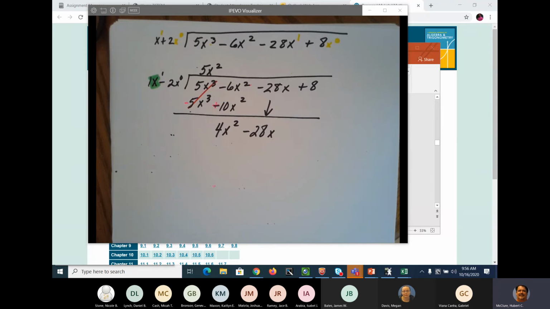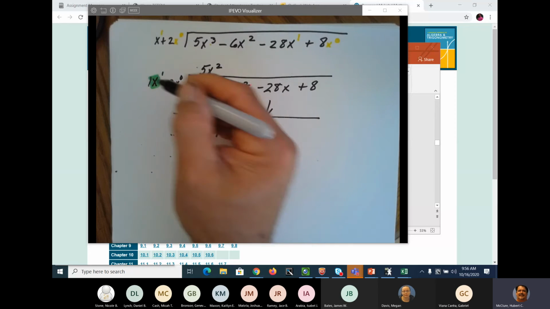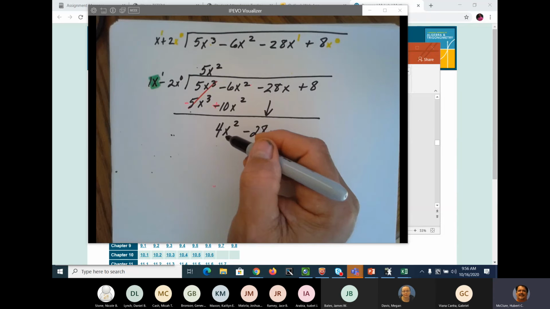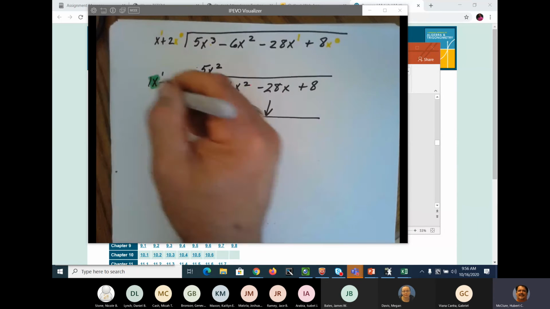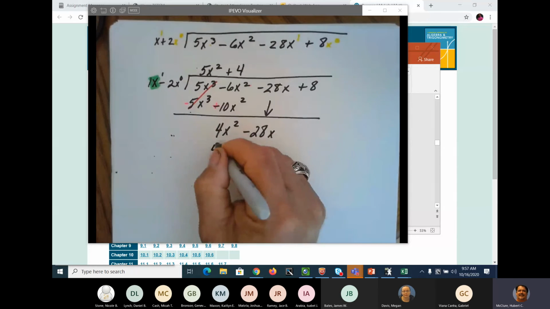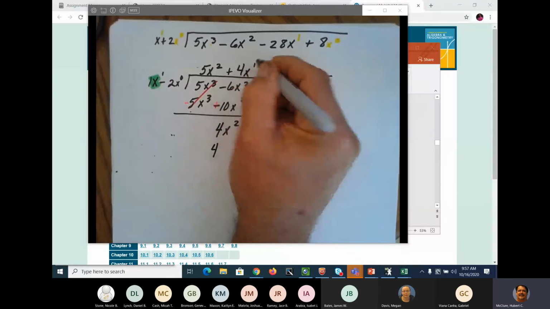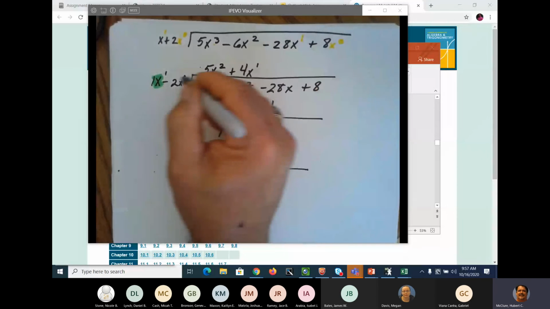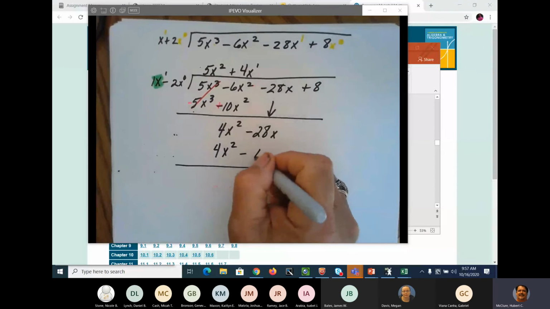All right. So anyway, how many times will x go into 4x squared? 4, that'd be a 4. And x to the first, that would be x squared. And 4 times -2 is -8.